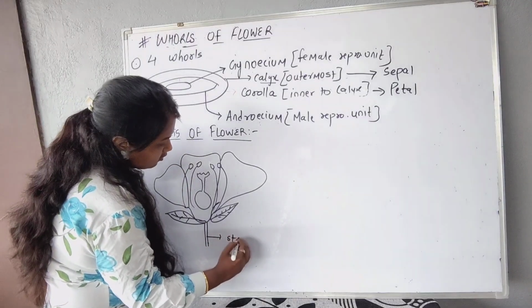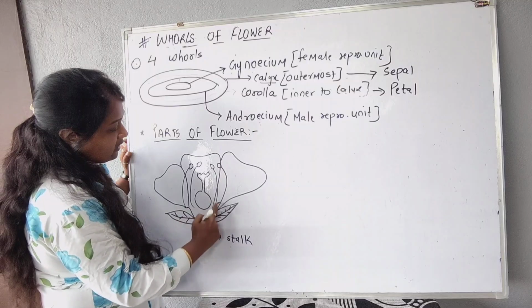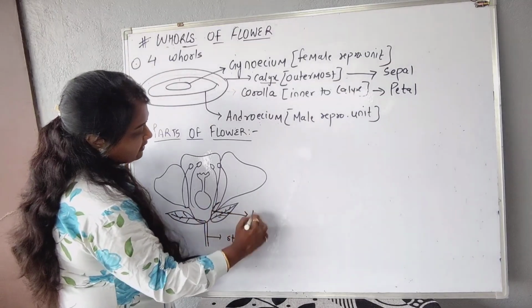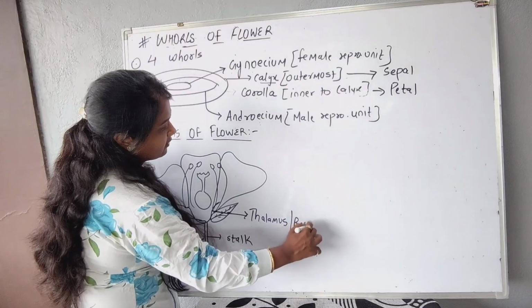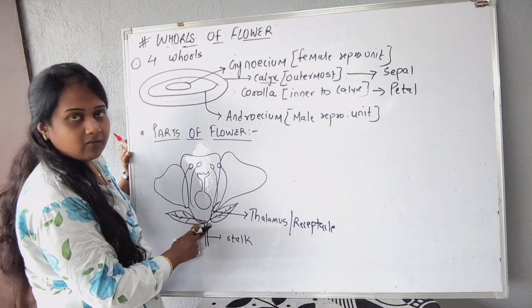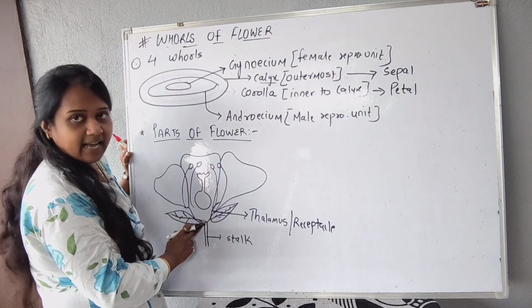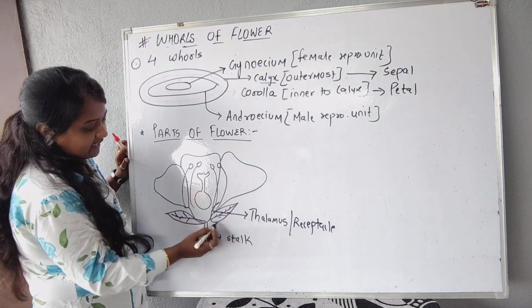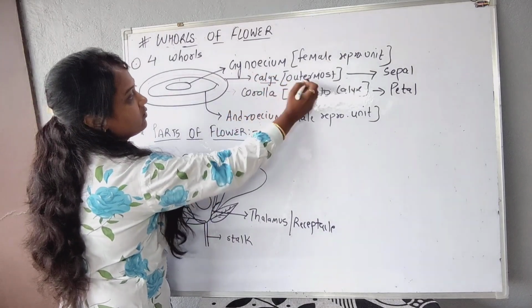This is stalk or pedicel, to which is attached this swollen bottom, which is called thalamus or receptacle. What is thalamus or receptacle? This is that part of the flower to which other whorls or other parts are attached. The small green leaf-like structures are the outermost whorl, as we have just seen.